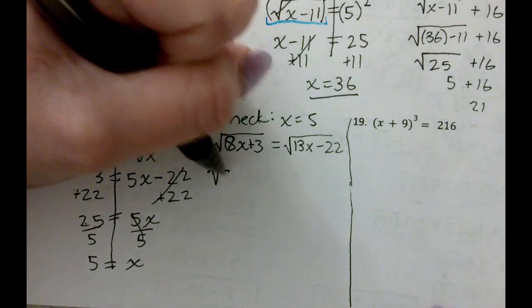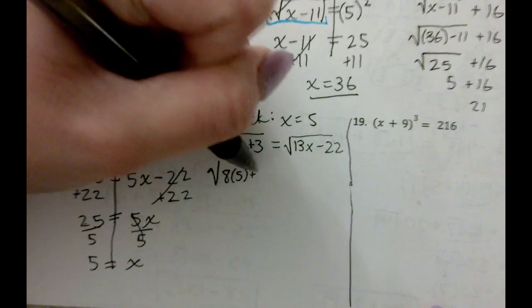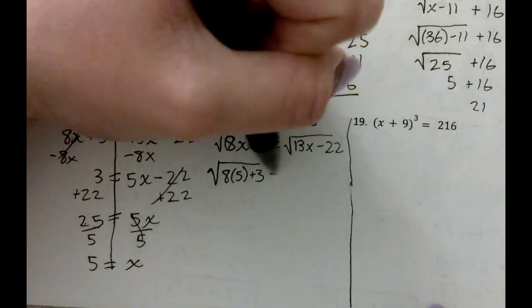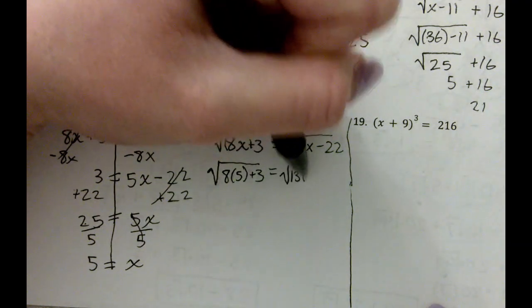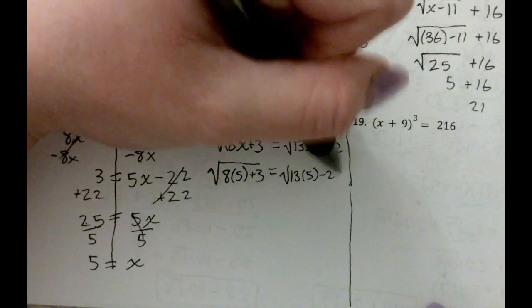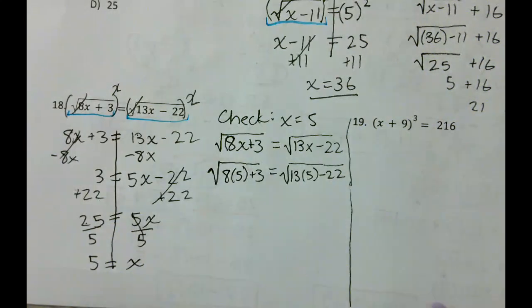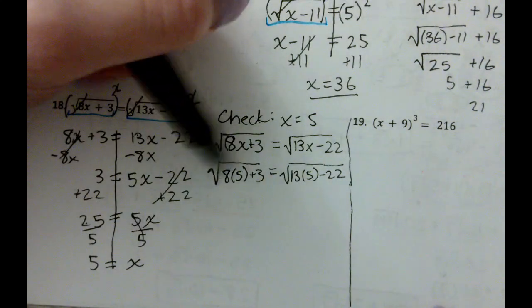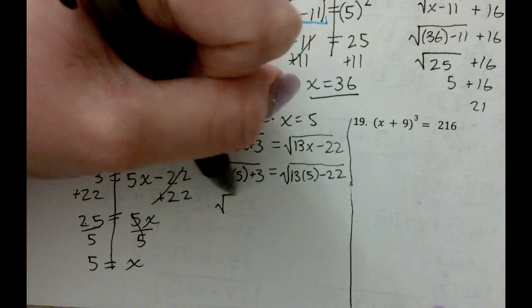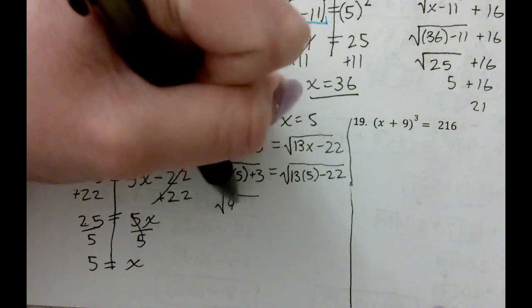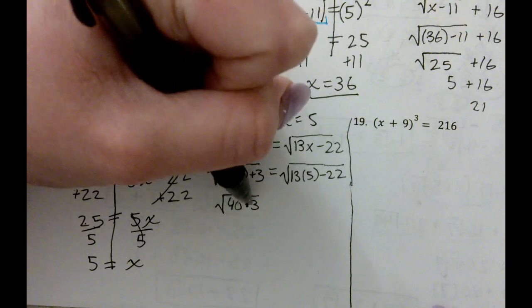So we have 8 times 5 plus 3 equals 13 times 5 minus 22. 8 times 5 is 40. We have 40 plus 3.